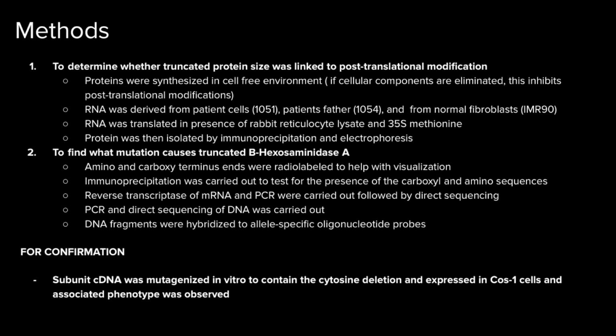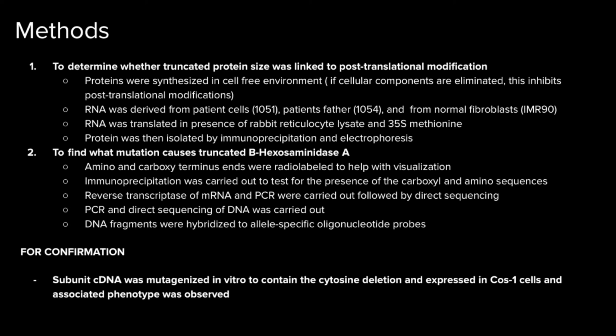In order to determine whether truncated protein size was linked to post-translational modifications, the methods that were carried out were that proteins were first synthesized in cell-free environments. This was done by eliminating cellular components, therefore inhibiting post-translational modifications. RNA was then derived from the patient's cells, the patient's father's cells, and from normal fibroblasts.